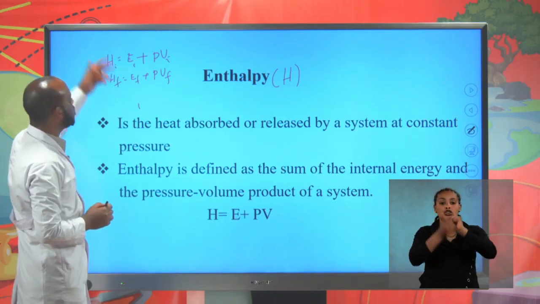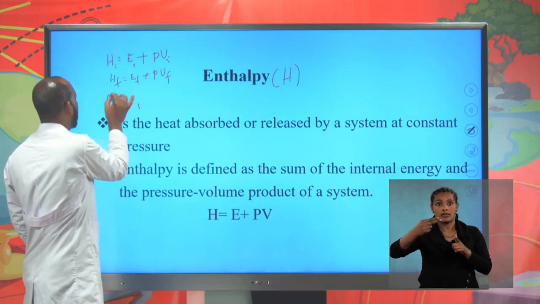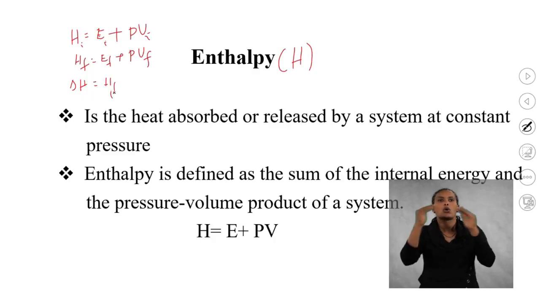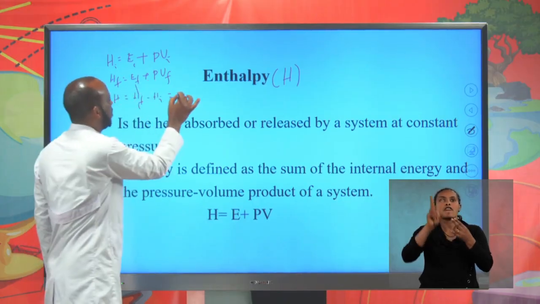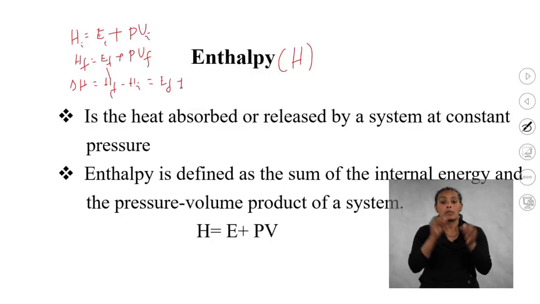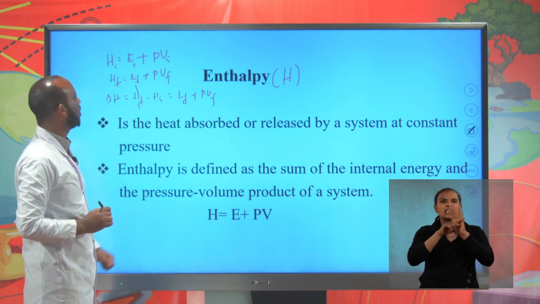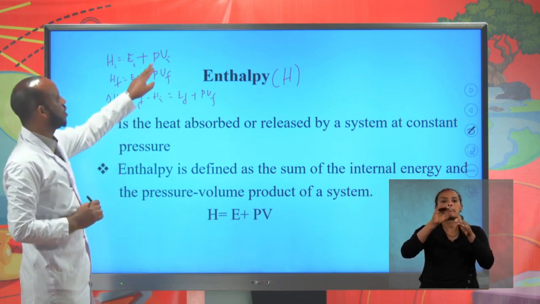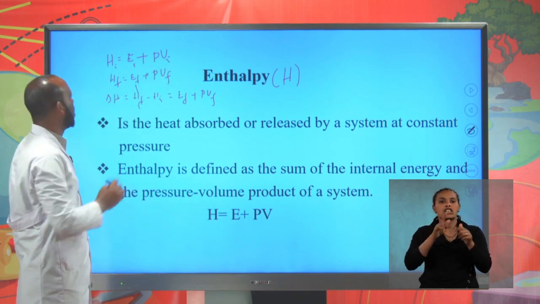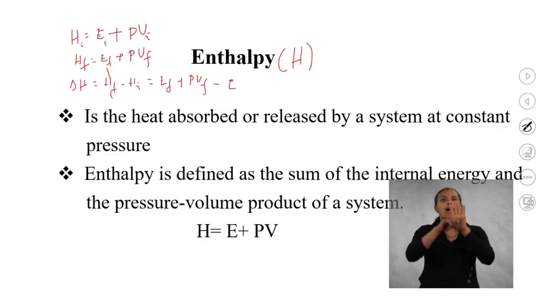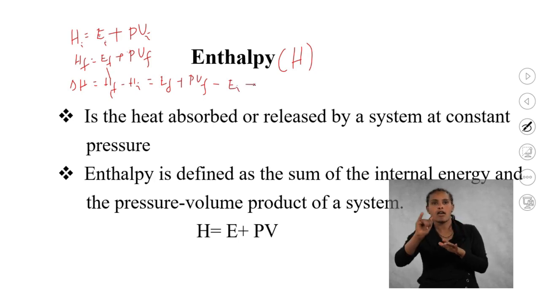Now the change in enthalpy delta H equals H final minus H initial, which is E final plus pressure times V final, minus initial enthalpy, which is E initial plus pressure times V initial.